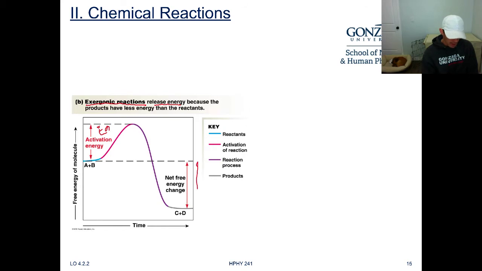So there's a big difference here. So this is higher. This is lower. It's a negative delta G, negative change in G, and that means it's an exergonic reaction.